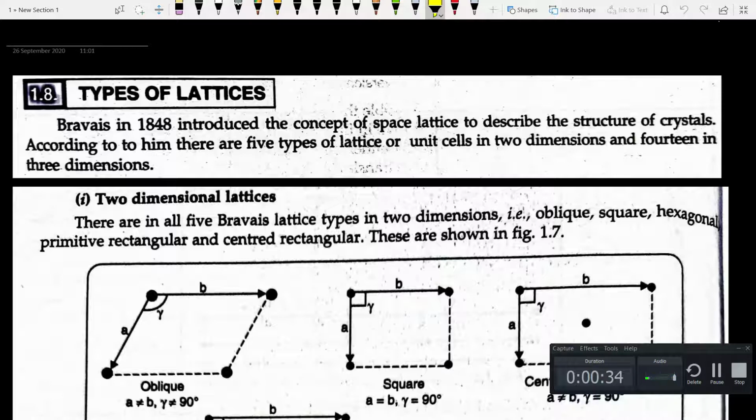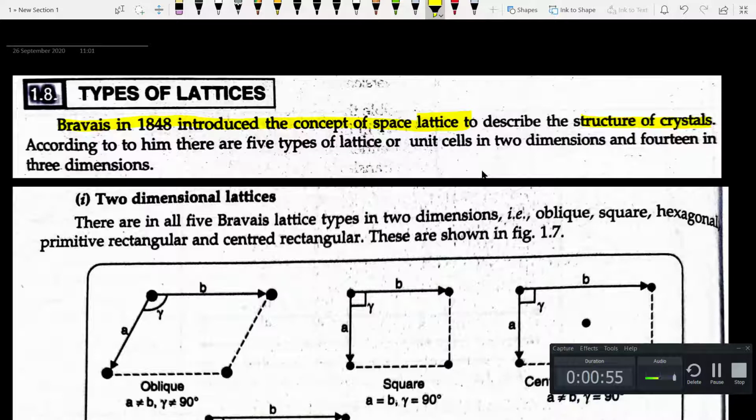Bravais in 1848 introduced the concept of space lattice to describe the structure of crystalline materials.